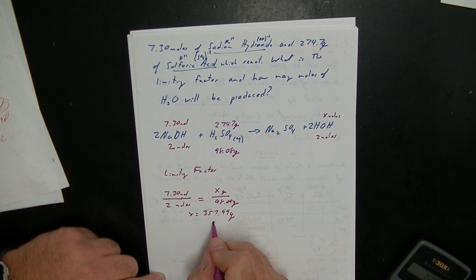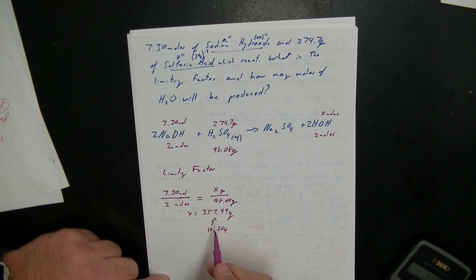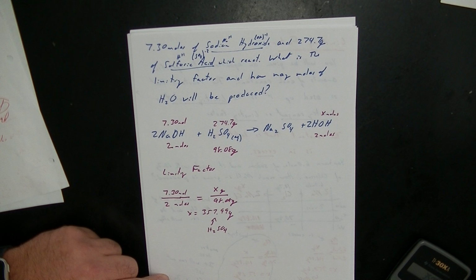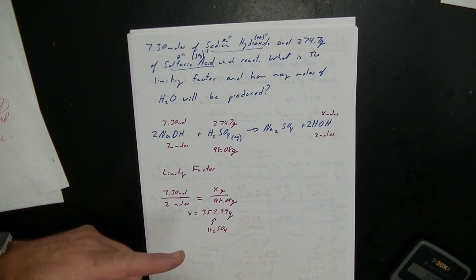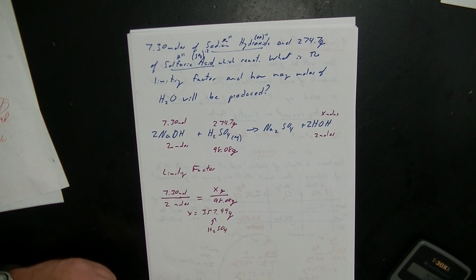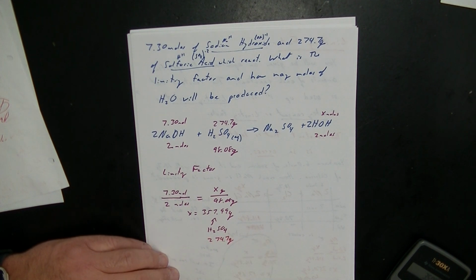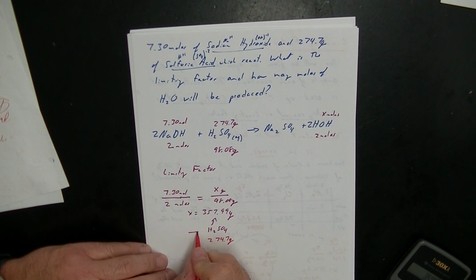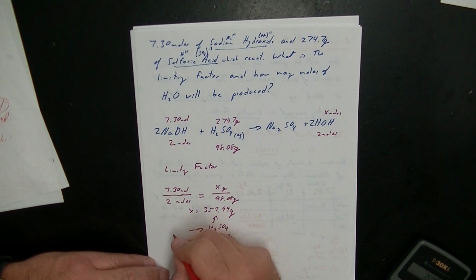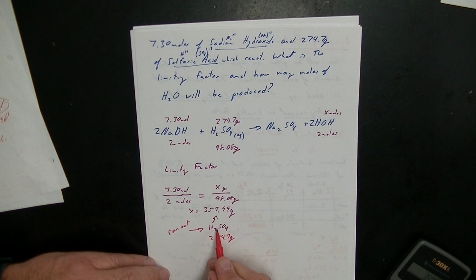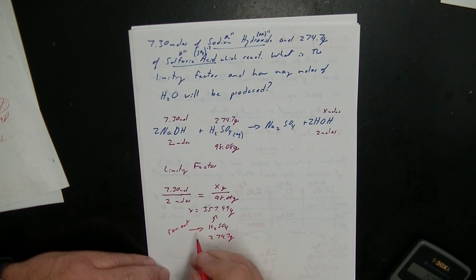I would need that much H2SO4 to react with all the NaOH. Well, how much H2SO4 do I have? I only have 274.7 grams. So I'm going to run out of this one, and as soon as I run out of the H2SO4, the reaction stops. So this is my limiting factor.